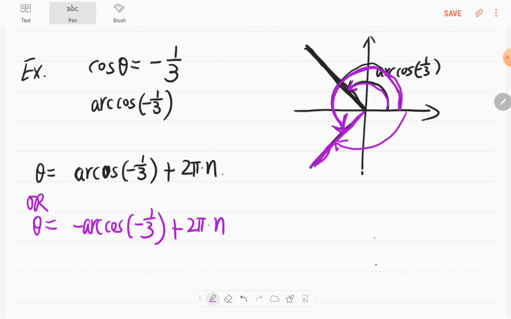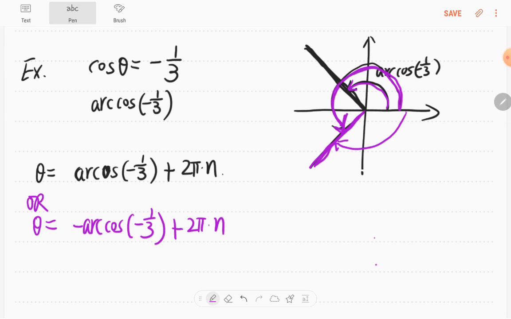This is another one, right? The representation for the general solution is not unique. The idea is you need to find all the coterminal angles.